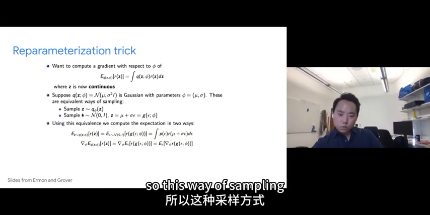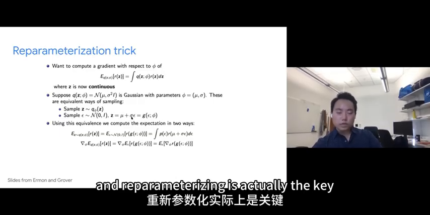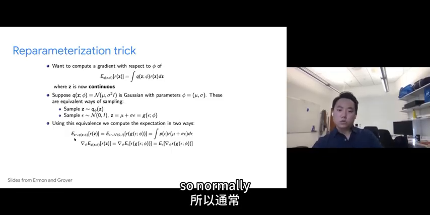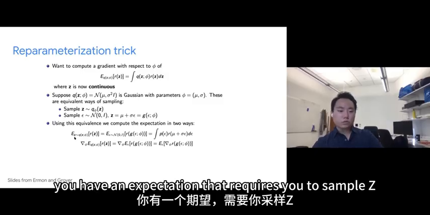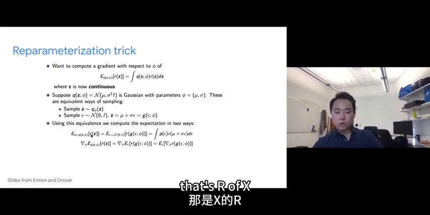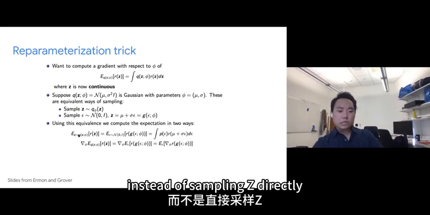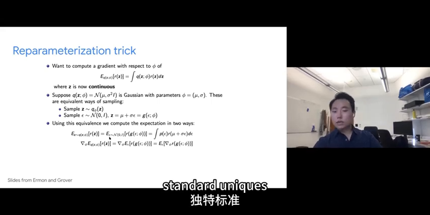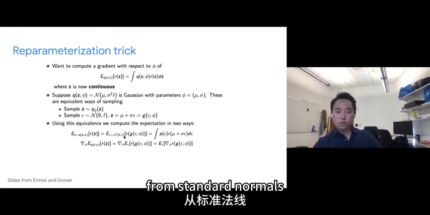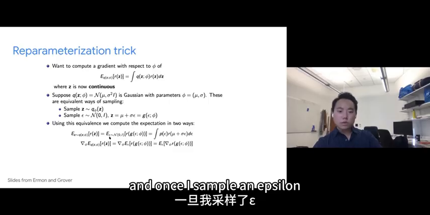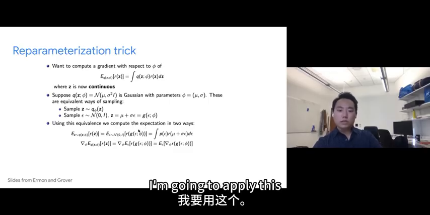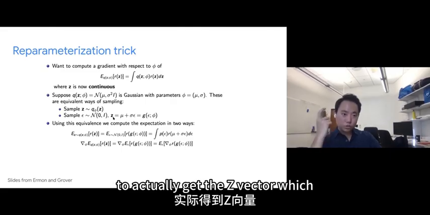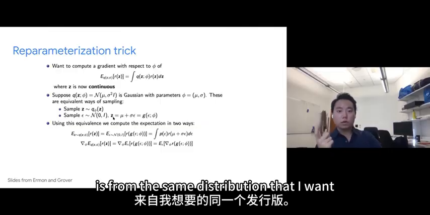This way of sampling and reparameterizing is the key that will allow us to compute these expectations. Normally you have an expectation that requires you to sample Z from Q of Z times R of Z. Instead of sampling Z directly, I'm going to replace it with sampling from standard unit Gaussians, standard normals. Once I sample an epsilon, I apply it through my linear transformation to get the Z vector, which is from the same distribution that I want.